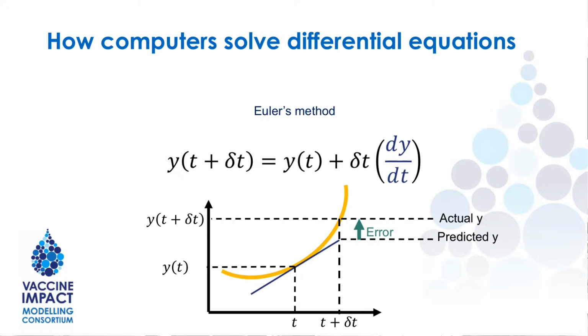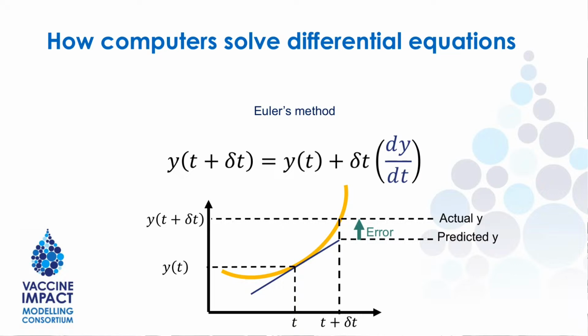As we moved these 2 points together, so in this case, as delta t gets smaller and smaller, this approximation, this straight line, becomes a much better approximation of our yellow curve. In your computer, it will be doing something similar, maybe not quite this method.